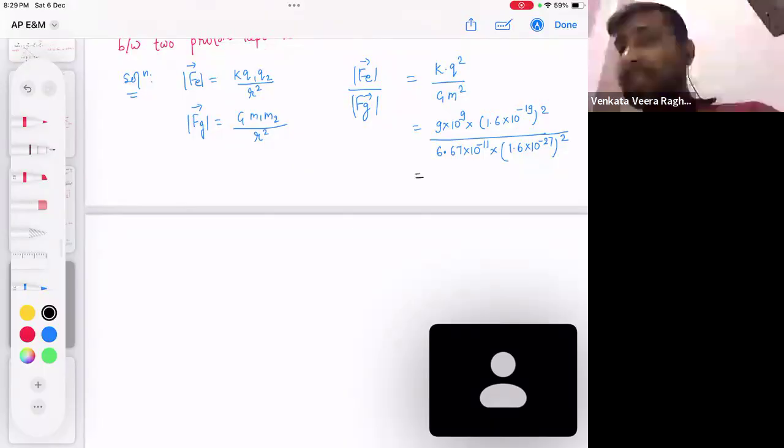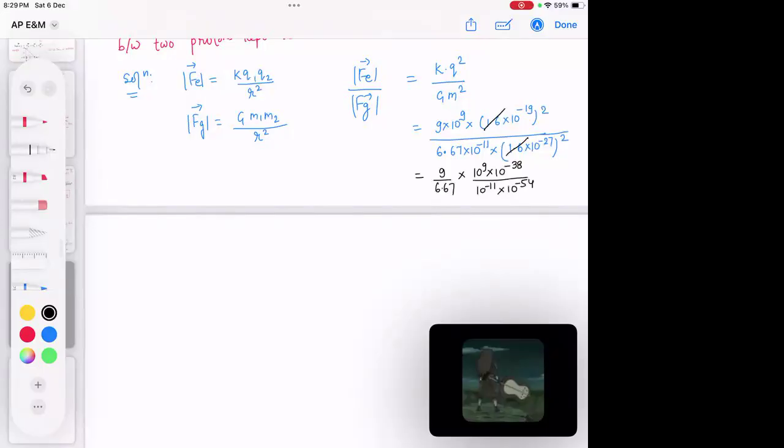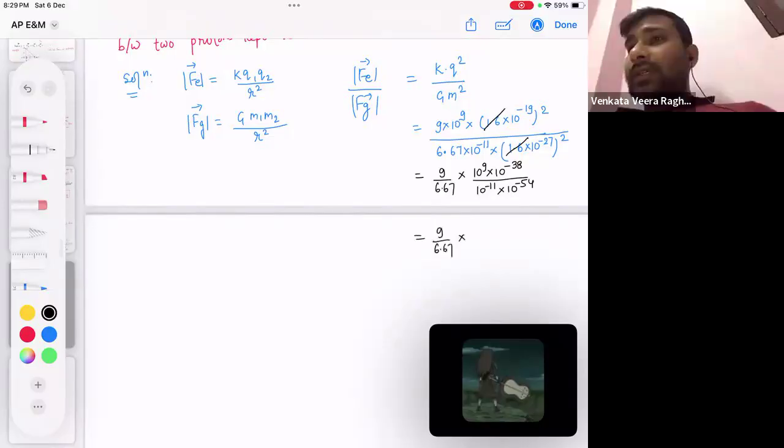Check the ratio once. Is it 1.6 from here and 1.6 from here? I can approximately cancel it out. So do I have 9 divided by 6.67 into 10 to the power 9? In the denominator we have 65, numerator we have 29.